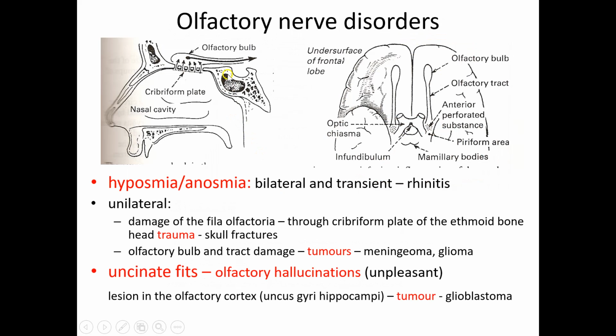Here you can again see the cribriform plate. The bulb is attached directly to the cerebrum on the undersurface of the frontal lobe here. And you can see the optic nerve and chiasma posterior to it.